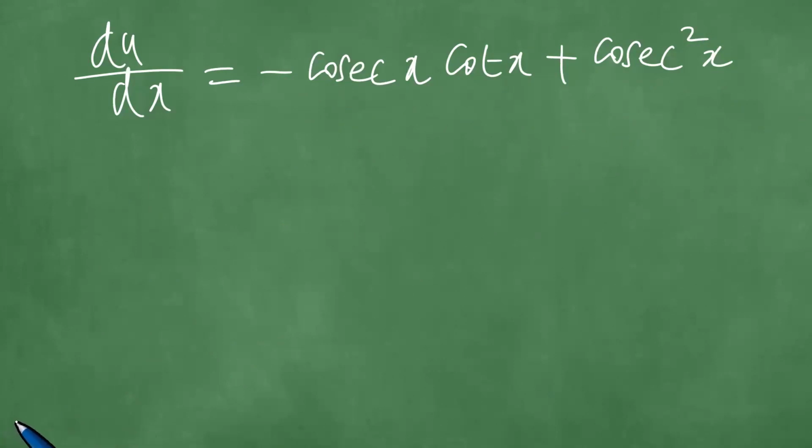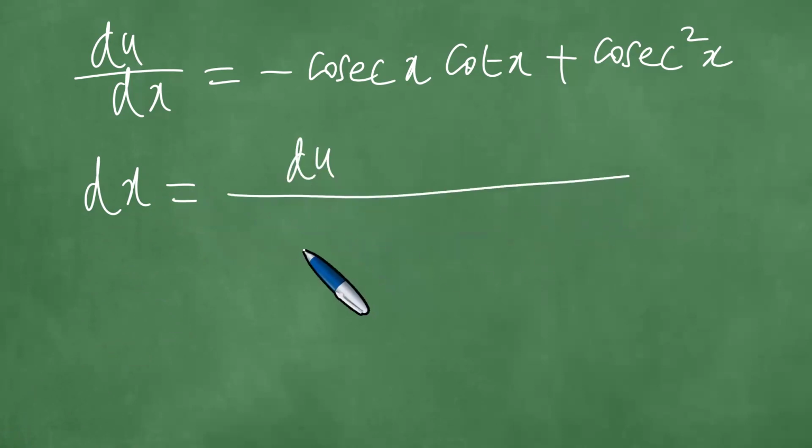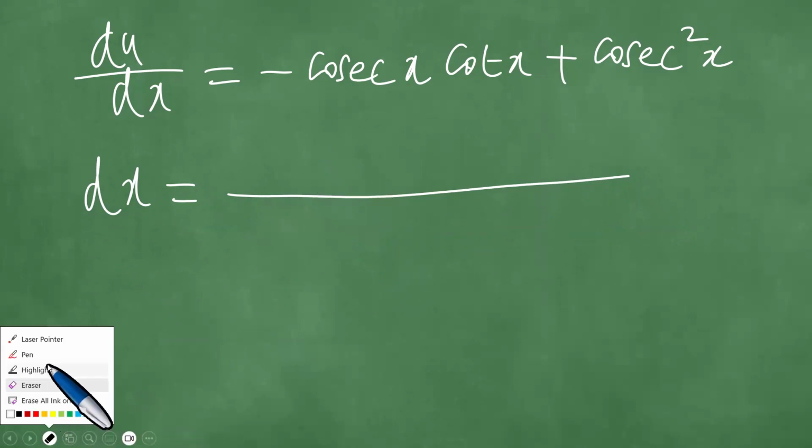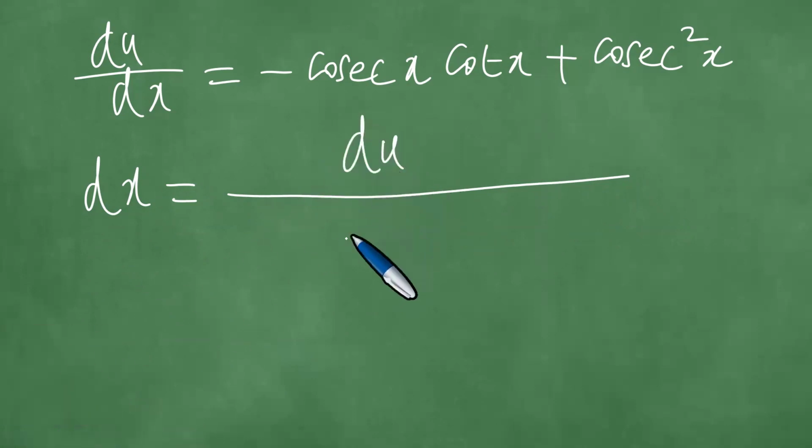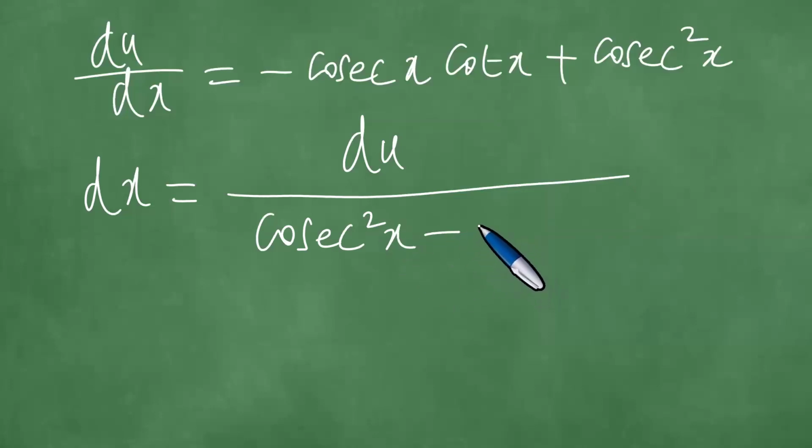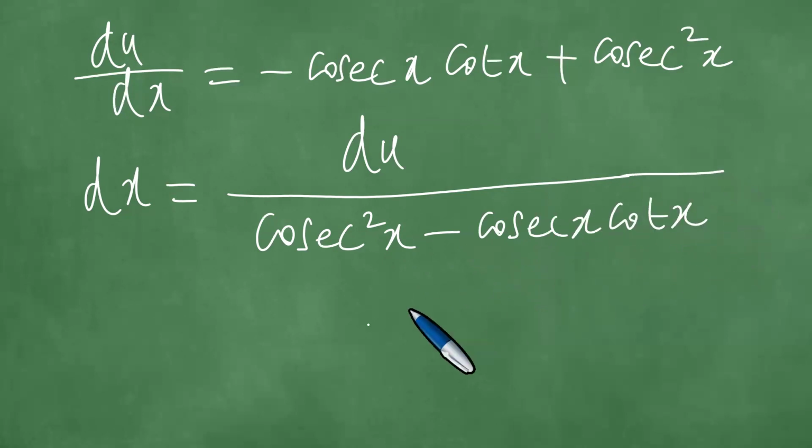So if we make dx the subject of this particular equation, what do we get? Right, so we're able to see that dx is du divided by cosecant squared of x minus cosecant of x times the cotangent of x, like so.